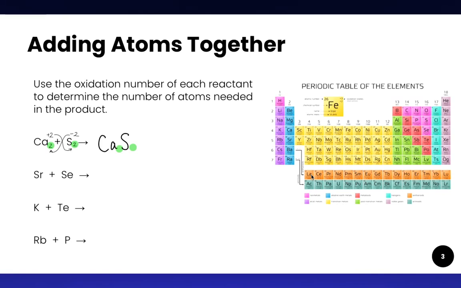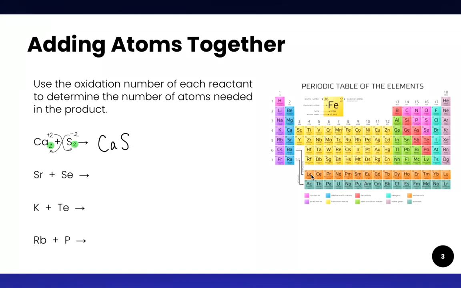So you have to have a whole sulfur atom and a whole calcium atom. You can see that 2 and 2 split off, and then the answer is Ca1S1. But you and I both know that in chemistry, you don't put ones, you'll just leave it off. So the final answer is CaS.